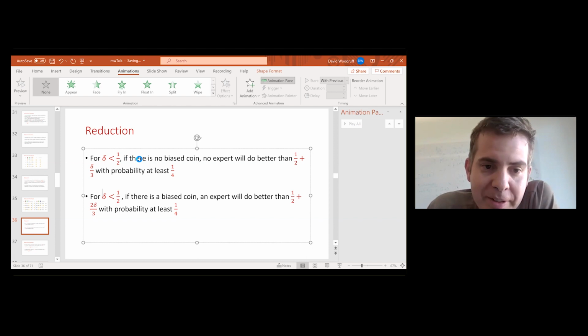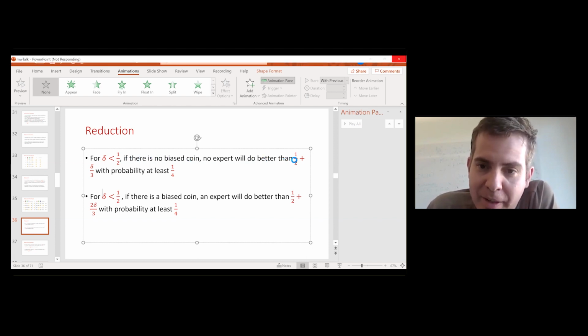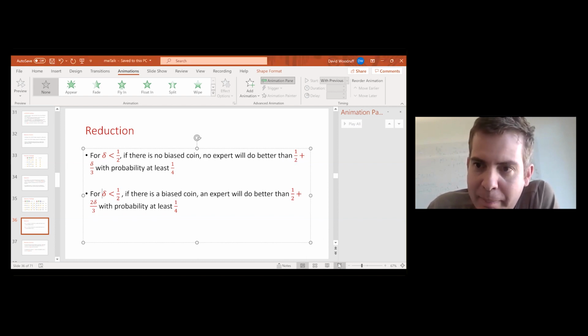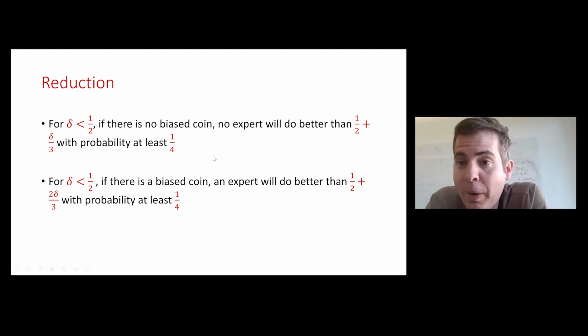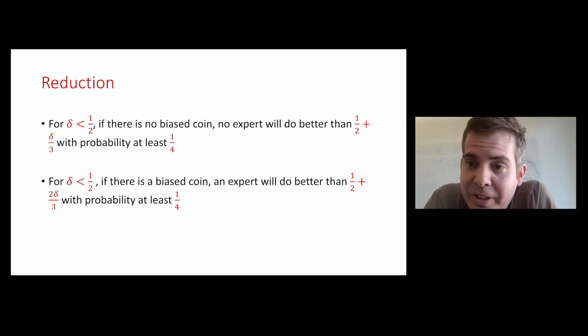In the no case, if there's no biased coin, then no expert is going to do better than 1/2 plus delta over 3. No expert can do better, just because this is a Chernoff bound and a union bound over days. All the experts are random coin tosses, the outcome is a random coin toss, and you just can't do better no matter what you do.